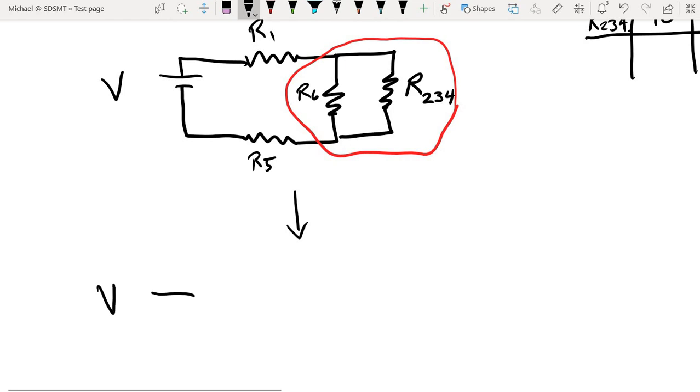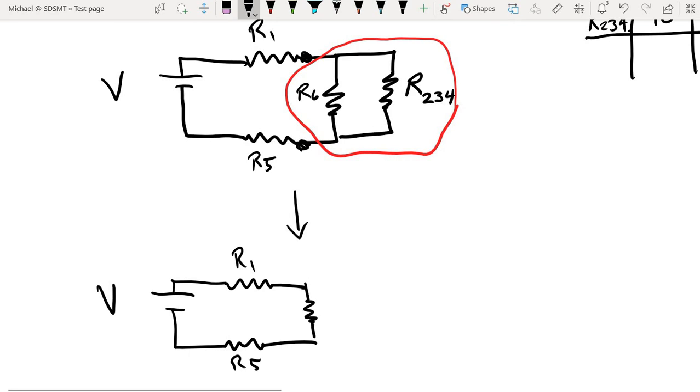So every time I make a combination, I redraw the circuit. Resistor 1 and resistor 5 remain as they are, but resistor 6 and resistor 234 are going to combine into a new resistor, and I will call that resistor 2346.